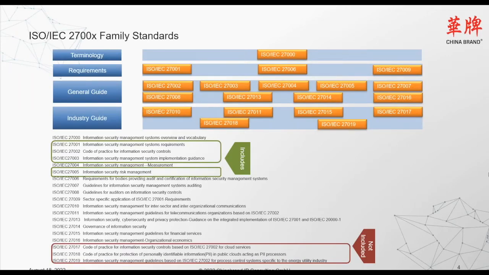So let's start with a short overview over the standards we will be talking about today. What you can see here is a list of the standards included into the 27000 standards family. So we have different standards. We have one for terminology, we have standards defining the requirements, we have general guides, and we have industry guides for certain industries. And you can see below a list of all these standards, and the ones in the green and red boxes are actually standards with contents that are also included into the MLPS.